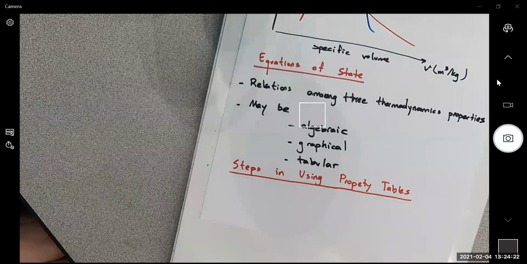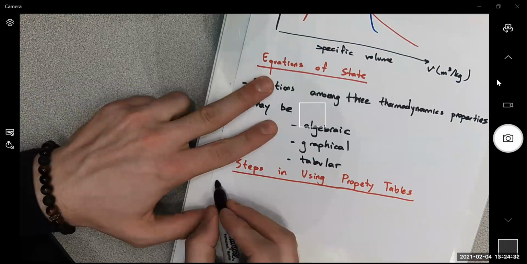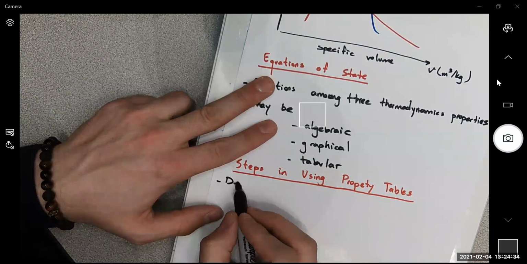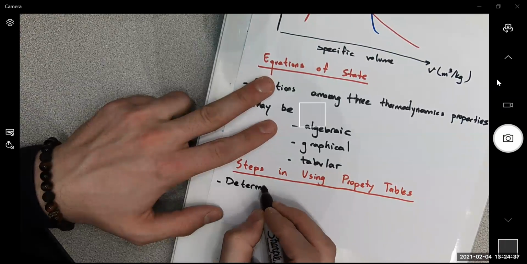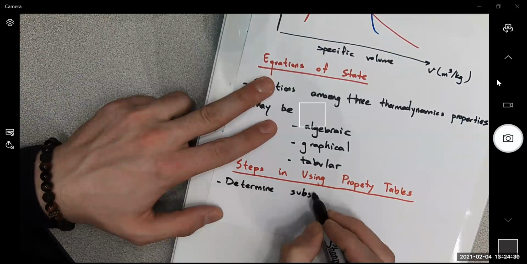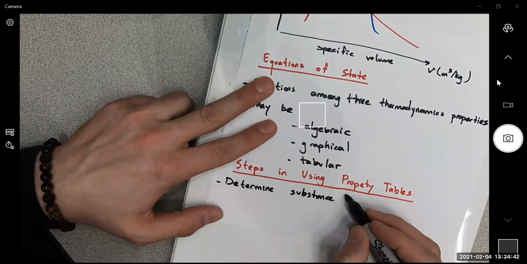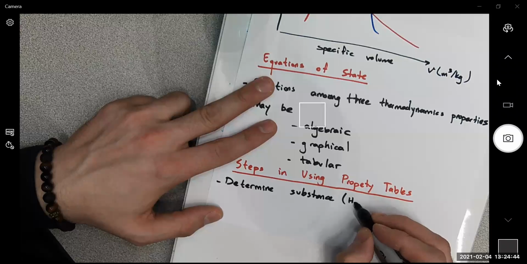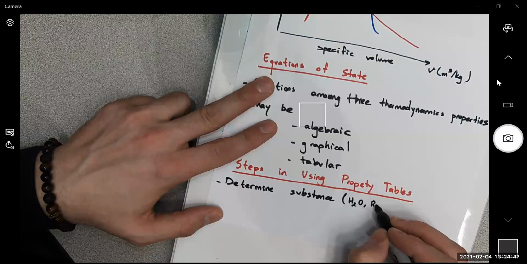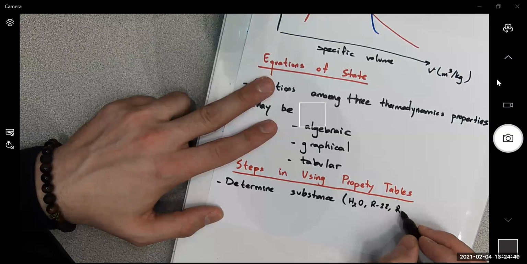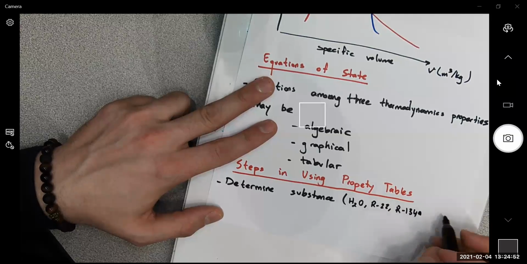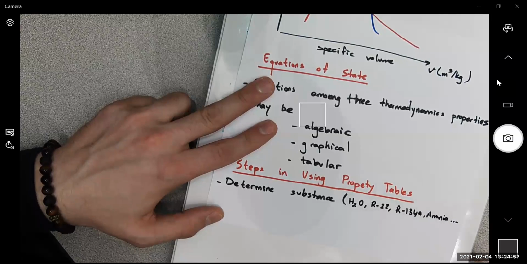Each table has a specific name, for example, table A1, table A2, table A3. The first step is to determine the substance, like water, R22, R134a, ammonia, etc.